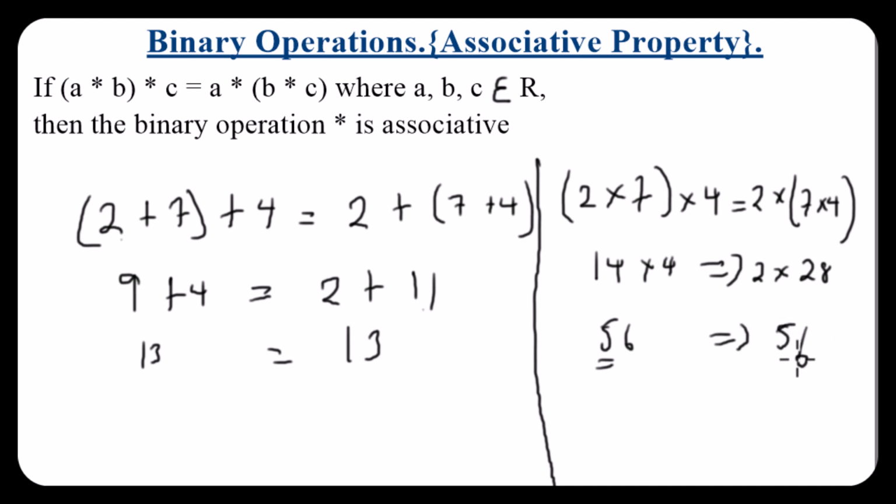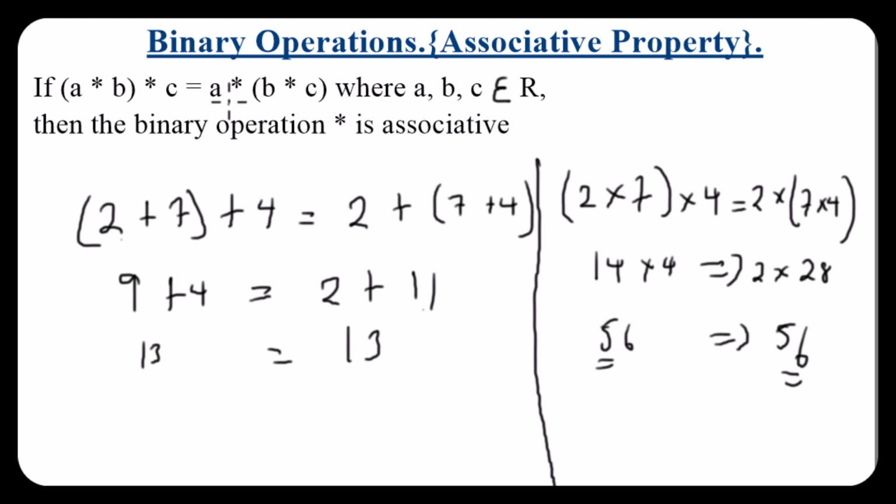So you can see that no matter the method, no matter the format, no matter the approach, we are still arriving at the same answer. So definitely we can say multiplication of real numbers is also associative. All right, so let's look at more valid examples so we can finally let this set in.